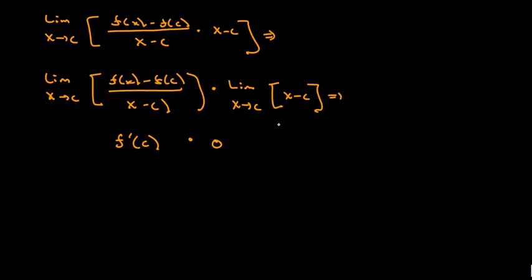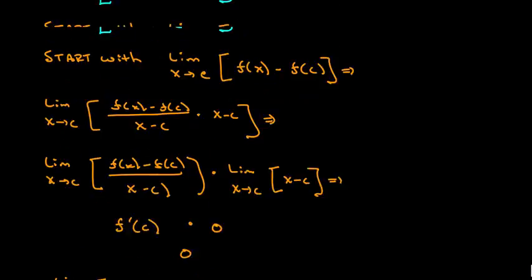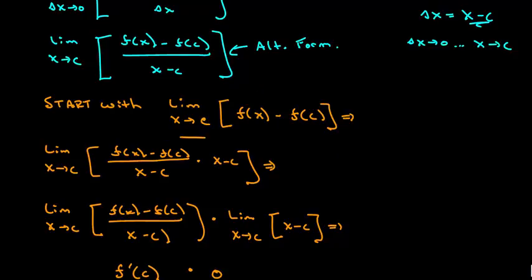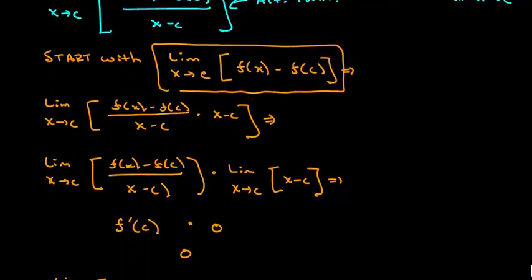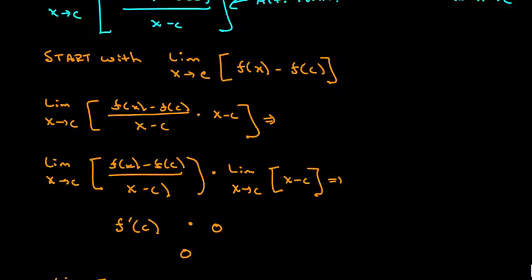So this guy is 0, this guy is f prime at c, which is 0. So here's what I've discovered from this whole thing. The limit as x approaches c of f of x minus f of c is 0. Because I started with this guy right here, and I worked it down, and I showed that it was equal to 0.